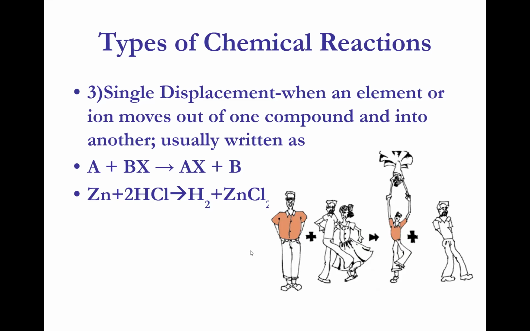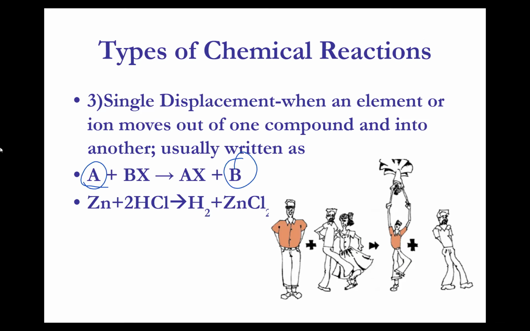The third type of chemical reaction is single displacement, and that's when an element or ion moves out of one compound and into another. You have a single element on both sides. It's not the same element, but it's a single element on both sides.